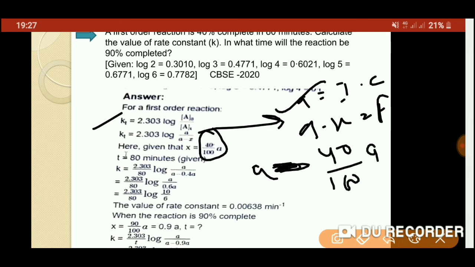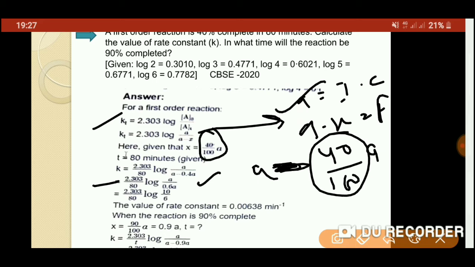So you will get the value from here, a upon a minus 0.4 a. This value is known as 0.4 a. So the new value will come 2.303 upon 80, since the time is applied.